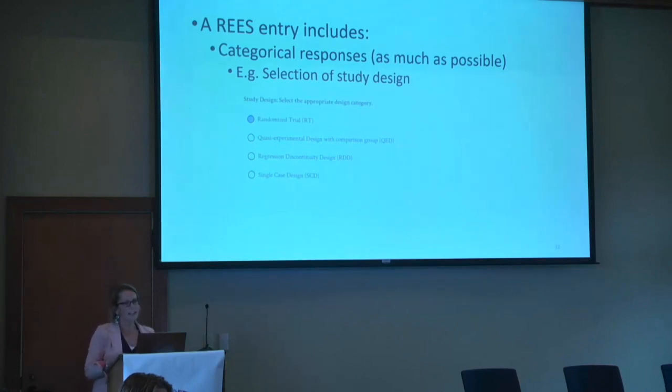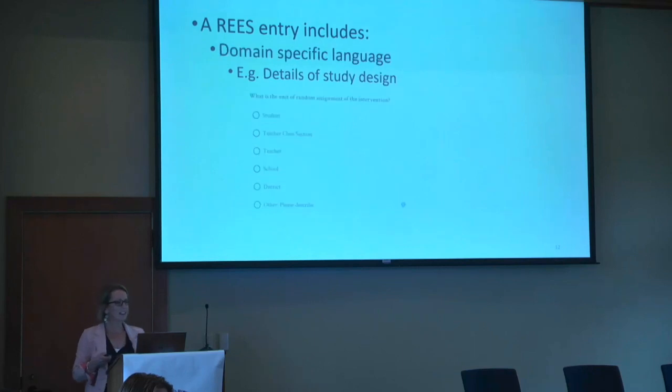So we start with the categorical responses. And then, again, we also tried to use very domain-specific language in here. We said, these are folks who are going to be registering education impact studies. So what are they talking about? Well, we know what they're talking about. They're talking about students who are within teachers. We have a lot of multi-level studies, clustered designs. So they're talking about schools, they're talking about districts.